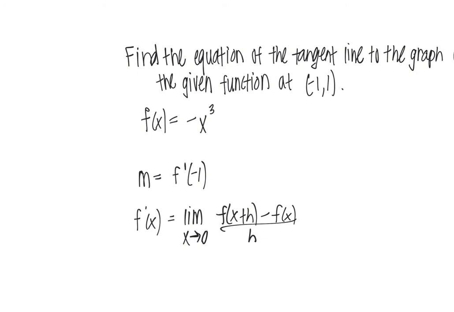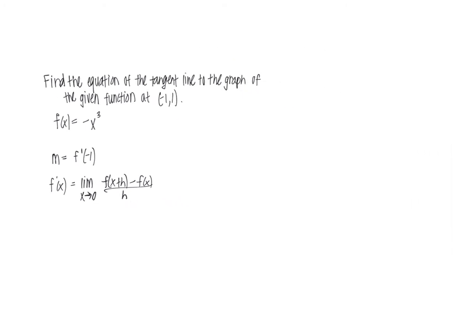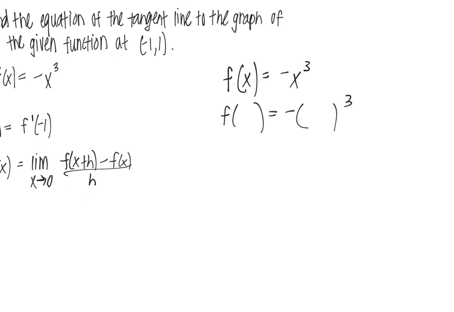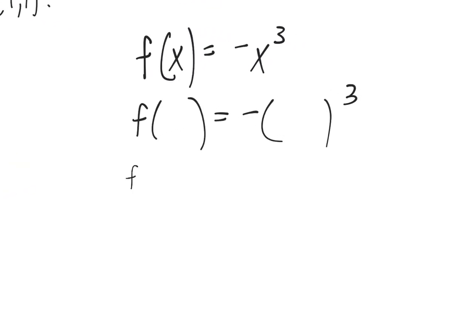So to find f of x plus h, I am going to take what f of x is. F of x is negative x cubed. So that means f of something is negative something cubed. So that means that f of x plus h is negative (x plus h) cubed. I need to simplify that.